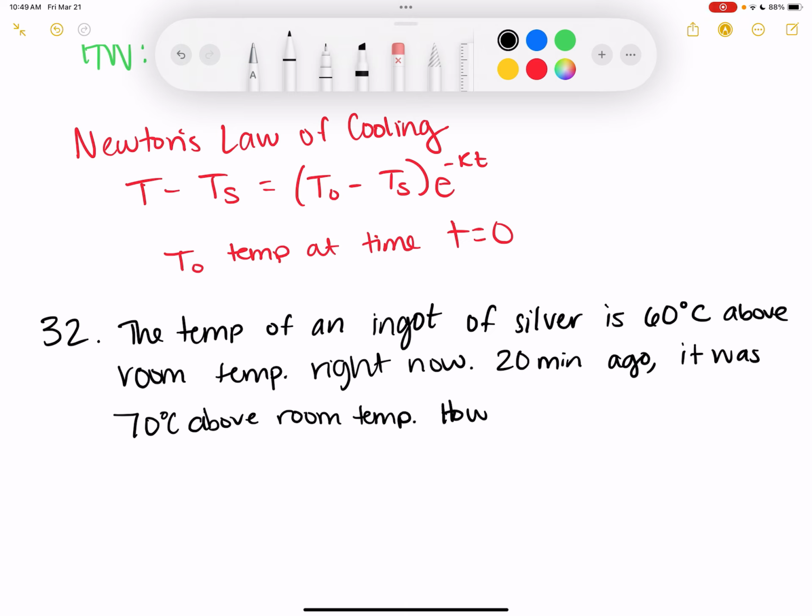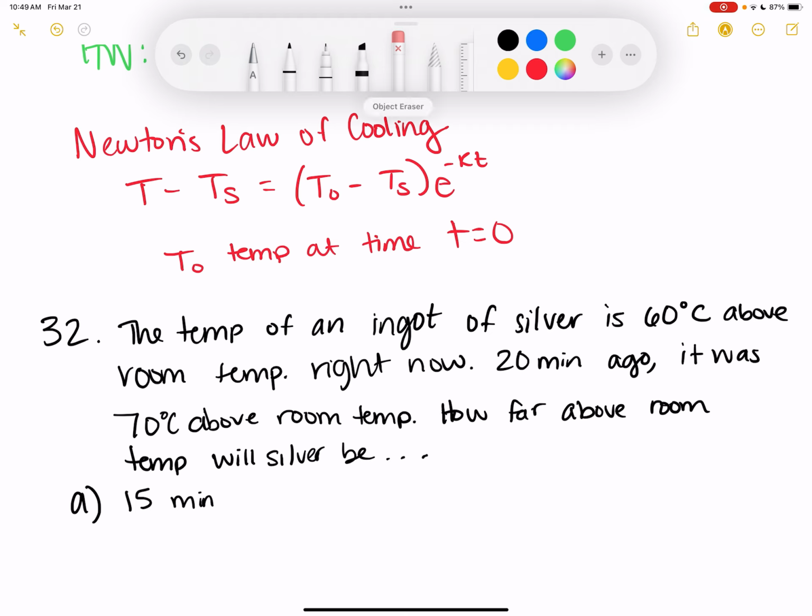How far above room temperature will silver be, dot, dot, dot, A, 15 minutes from now.